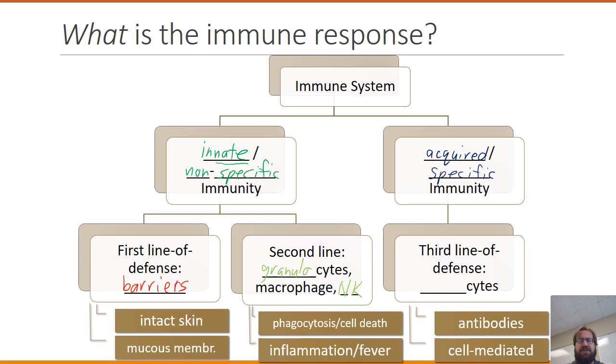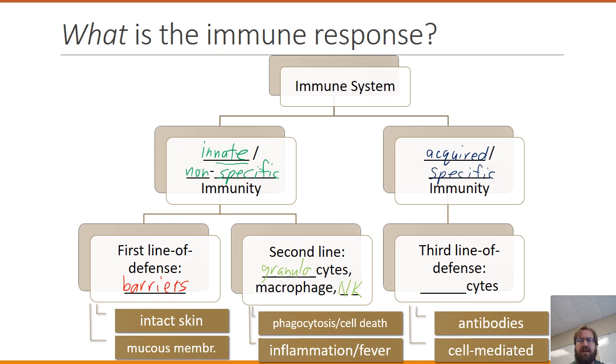These are able to engage in things like phagocytosis or in inducing cell death, so they can destroy invading or unhealthy cells. They can also cause larger responses like inflammation or fever that bring in the heavy weapons to take care of an infection that's getting out of control.